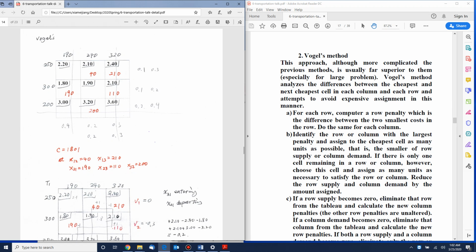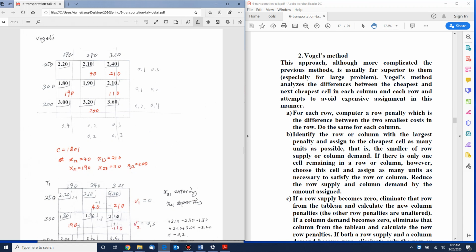So that is 1.8. We can put the possible amount, which is 190, right?